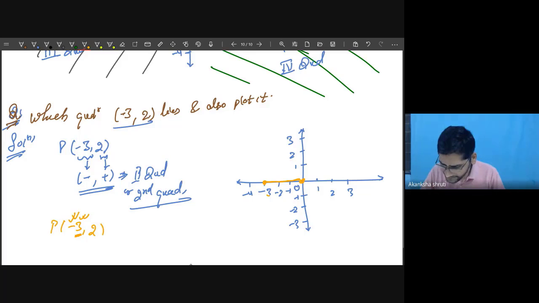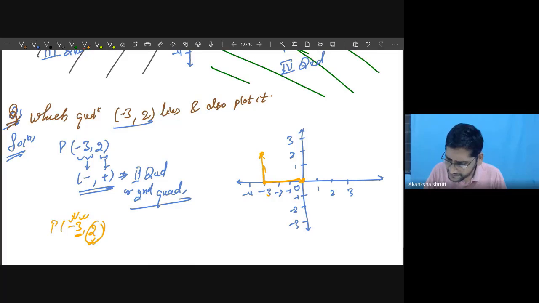Now after this minus 3, we have to move along y, whether upward or downward. That is decided by the sign of this 2. This 2 is positive, so upward is preferable. Downward becomes wrong, so you need to omit it. But upward, how much length? 2 units. So continue to move for 2 units.